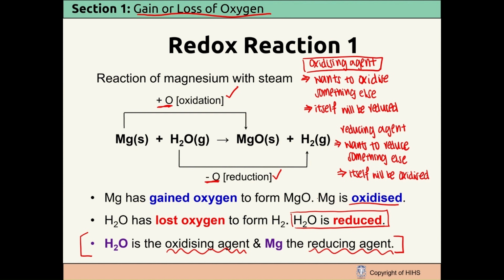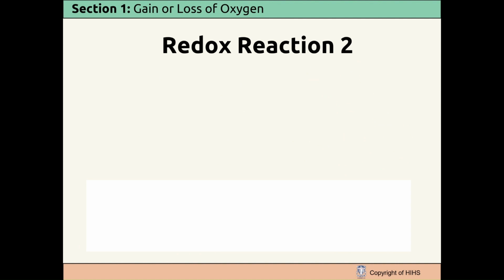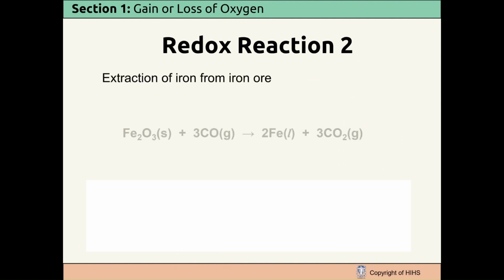And then we see from earlier, magnesium is oxidized. So magnesium is the reducing agent. Okay. So far, we've already understood what is oxidizing agent and what is reducing agent. Then we'll move on to the second redox reaction, which is the extraction of iron from iron ore.